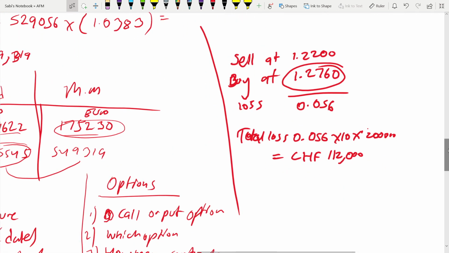With one question, it's not possible to understand everything. You will not remember unless you do questions and questions. So 2 million, 1.275, you need to multiply this.